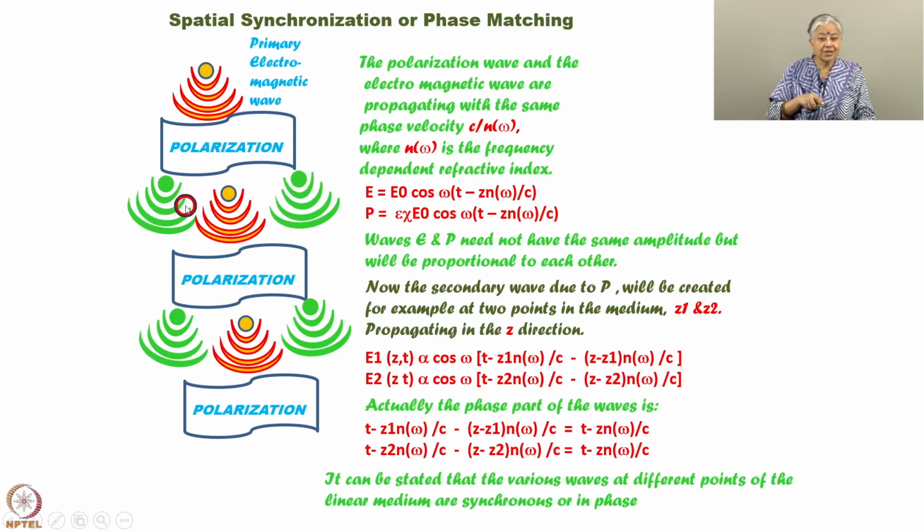I have shown it specifically as green because generally near infrared wavelengths, when they are frequency doubled, you get in the green region. Not only that, it is just to distinguish between these two different kinds of secondary waves. So, you assume that these are 2 omega waves. Now, they are also being produced at points Z1 and Z2. So, in an analogous way, I can write this kind of equation for my green waves.